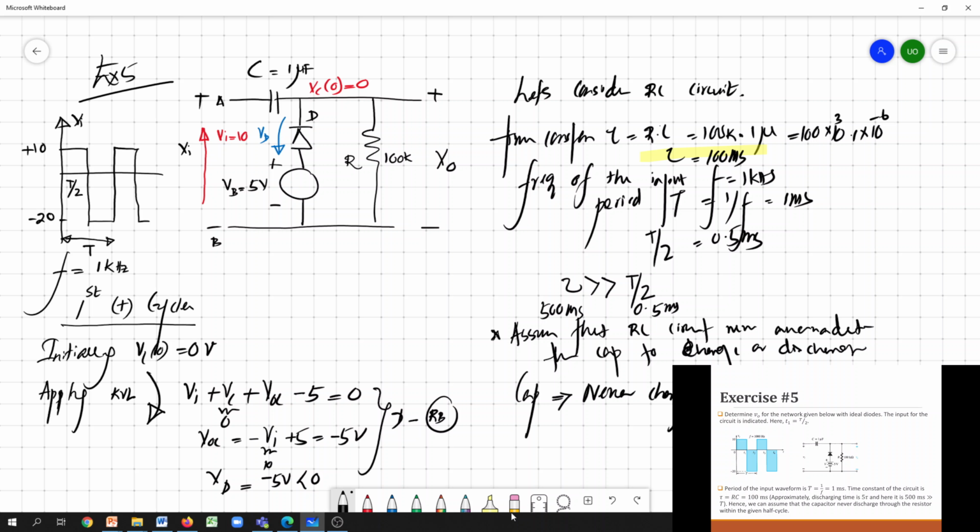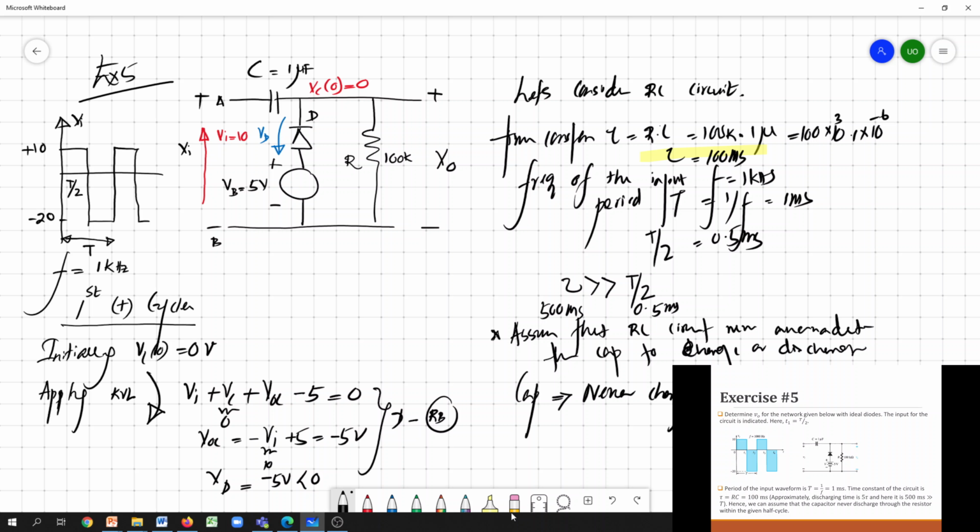We change the input voltage within 0.5 milliseconds, which is not enough to charge the capacitor or discharge it to 0 volts. So the RC circuit in exercise 5 does not allow the capacitor to charge or discharge.